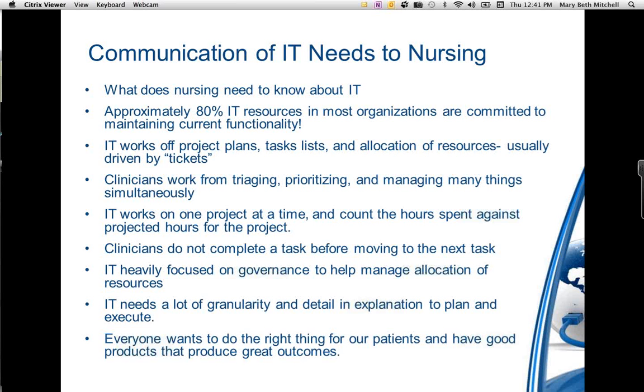And so what I'm convinced about is we all want to do the right things for our patients. And IT also, they feel that they are in the business of supporting patient care, and what they do is really to support us in what we do. And they're very proud of that, and they have a lot of responsibility in meeting the needs of our clinicians and our patients.